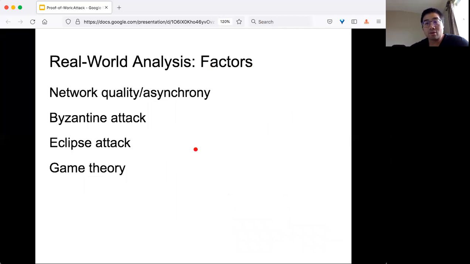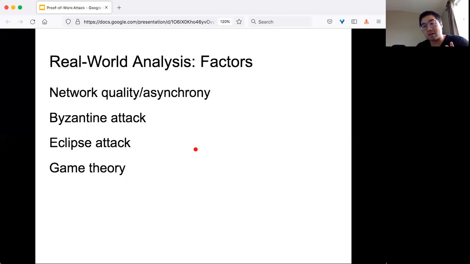Of course, that's only a very simple analysis of whether double spending is possible by switching chains. In the real world, there are many more complicated factors. For example, network quality, asynchrony, whether every node is working on the same thing, and Byzantine attacks. Maybe I can hold on to the chain and not tell anyone, and just keep mining.